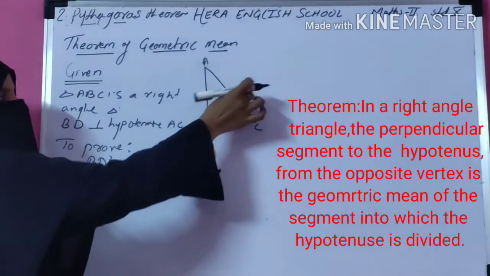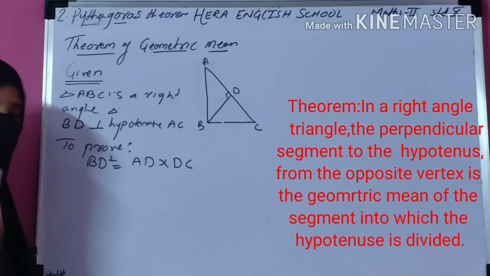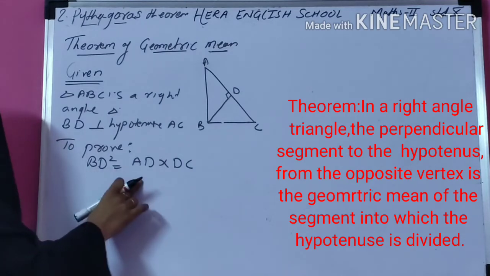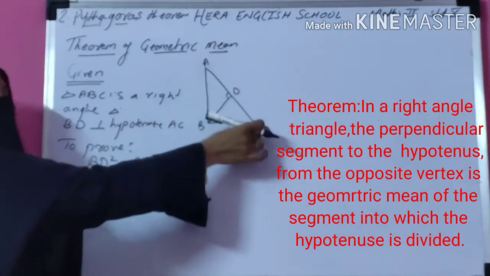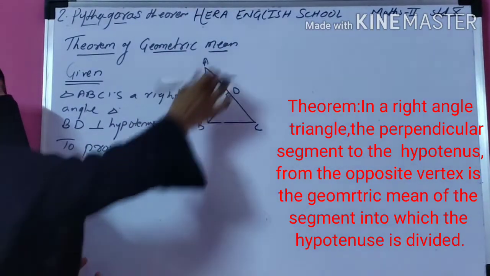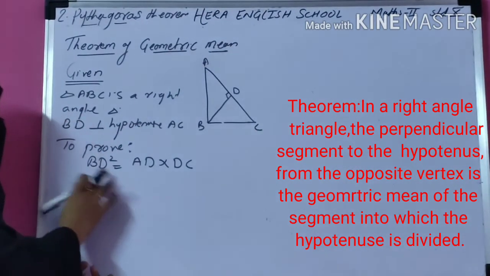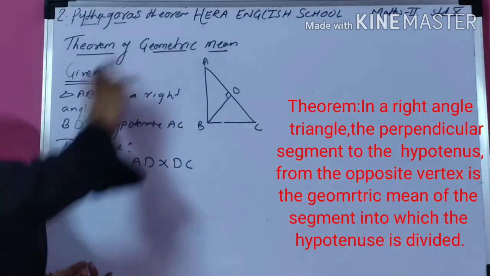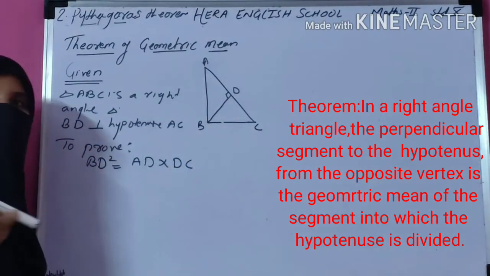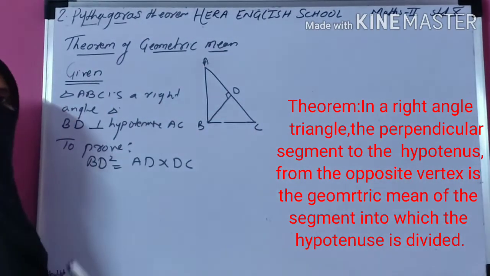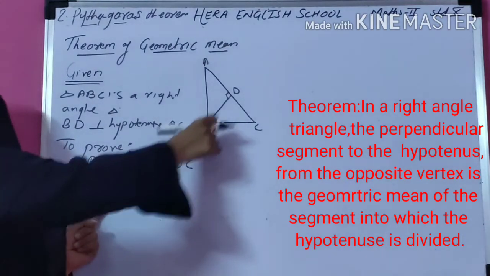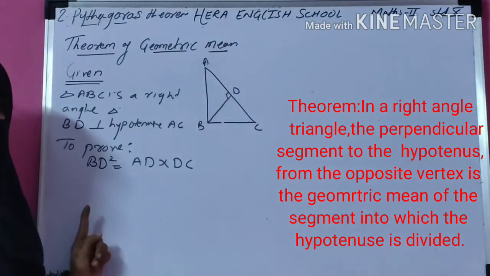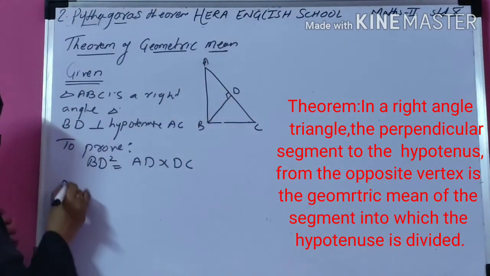So the perpendicular drawn on the hypotenuse is called the geometric mean, and the geometric mean square is equal to the product AD into DC. That means the geometric mean divides the hypotenuse. Now let's start the proof.